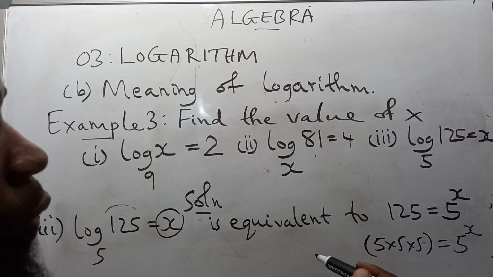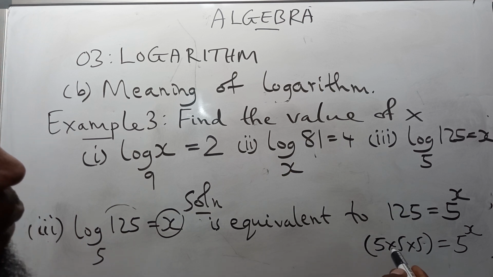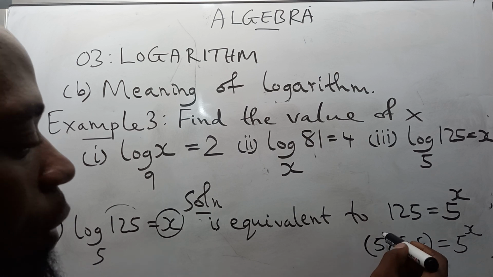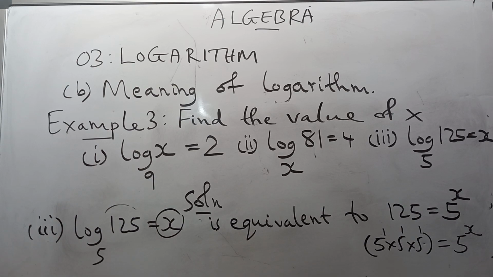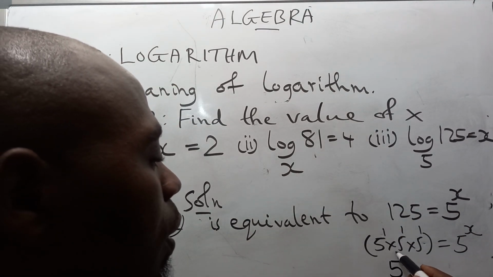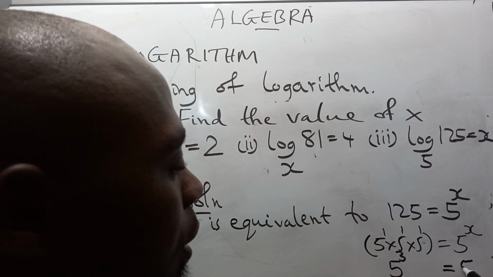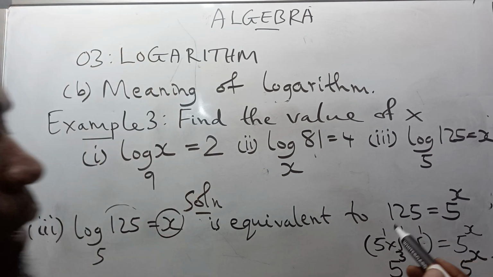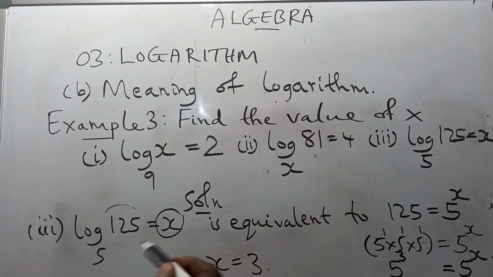According to the product rule of exponents, when we multiply two or more numbers with the same base, we add the exponents. Here there is 1, 1, 1. On the left hand side, we have 5 raised to the power of 3. And on the right hand side, we have 5 raised to the power of x. As long as the bases are equal, then the powers are equal. Therefore, x is equal to 3.